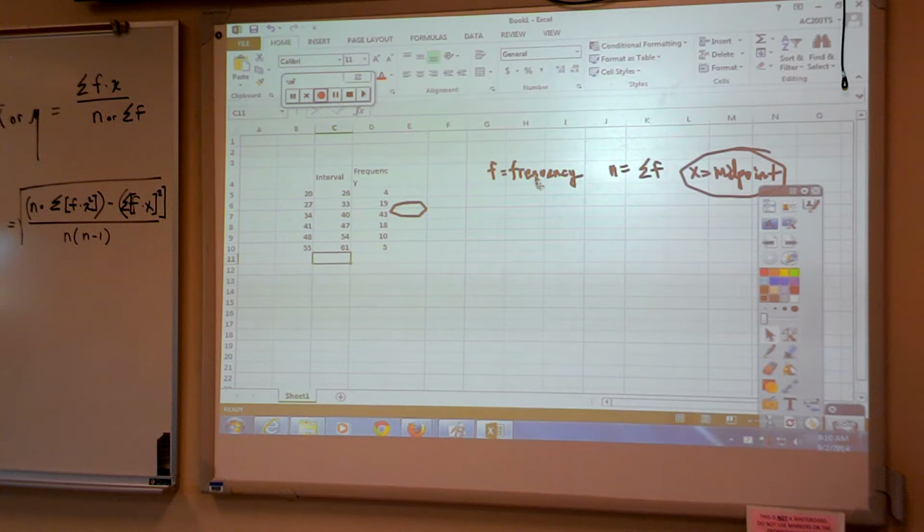Now, some of you Excel people, why did I do that? Because you can't have two numbers in a cell. If you can't have two numbers in a cell, you can't calculate it. So now I can calculate my midpoint and call it X right here.